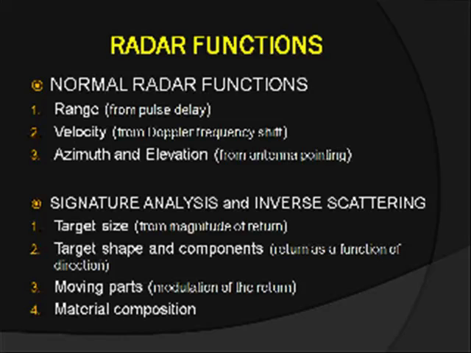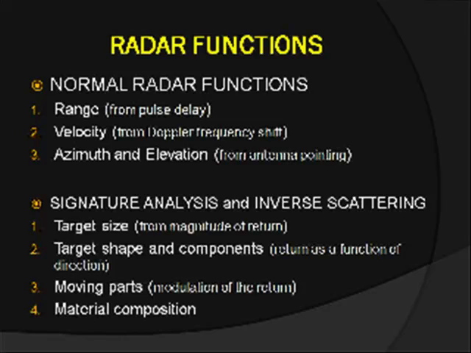By this, we are able to find the target size by looking at the magnitude of the return signal, and the return signal direction can be used to identify the target shape and components.